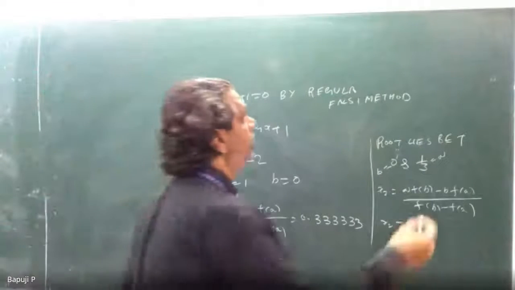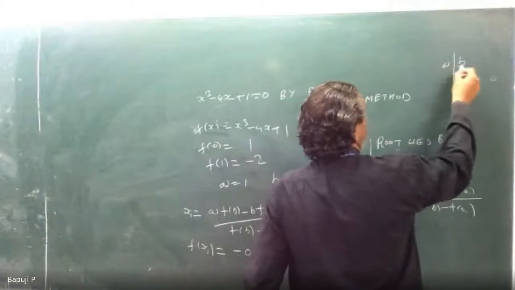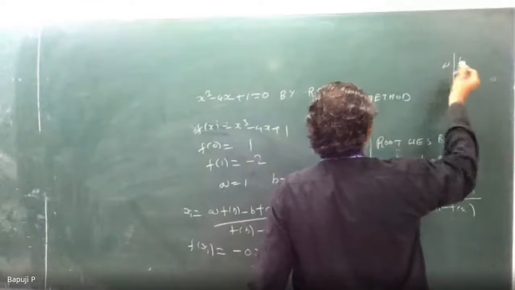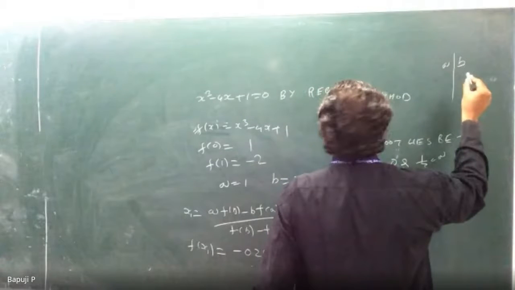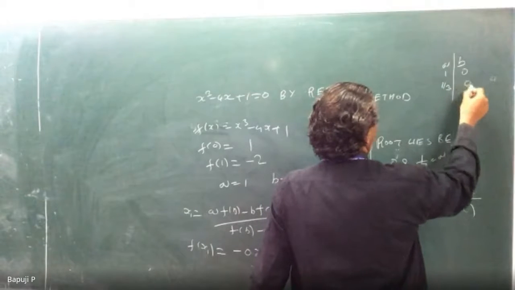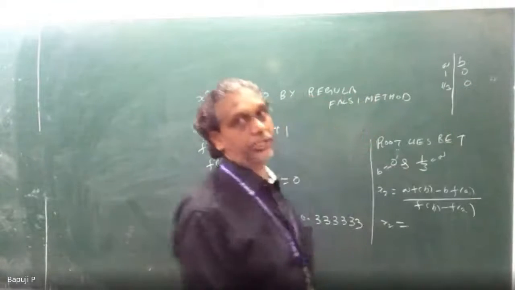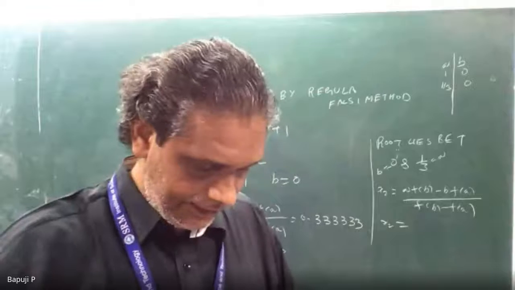Otherwise, in a corner, if you want, you can write a, b; a is negative, b positive. n is 1, 0. In one corner you can write. x2 is 0.25714. Wait, what did you get? 0.25.